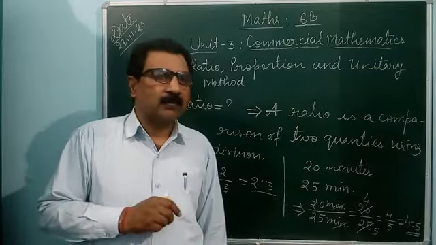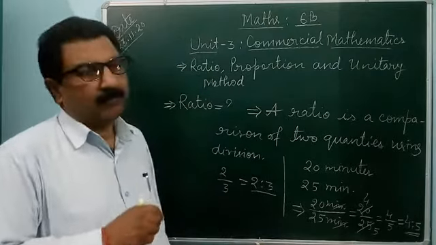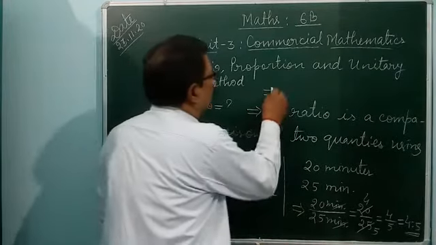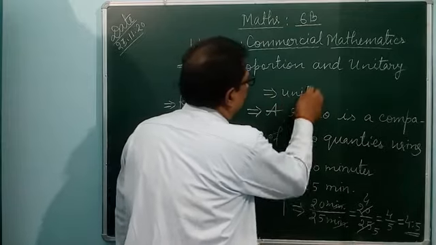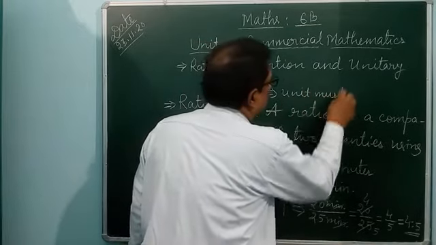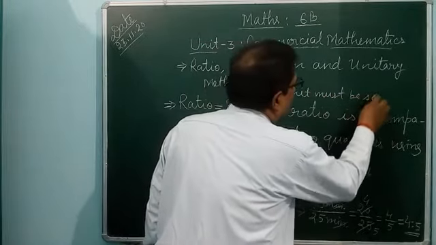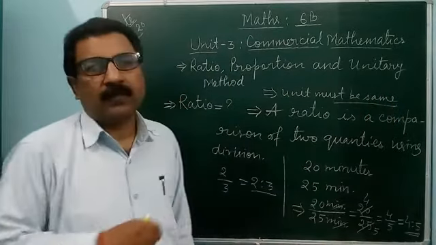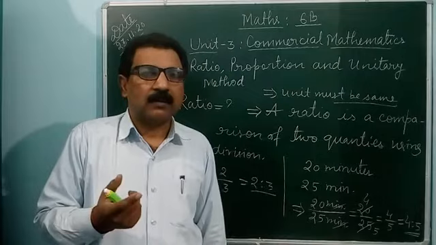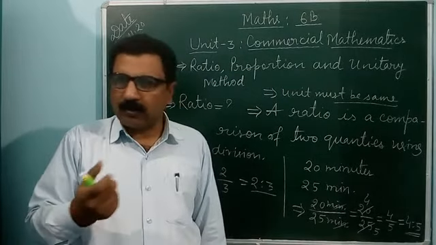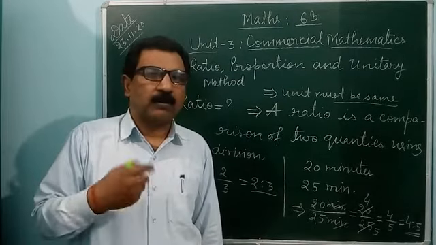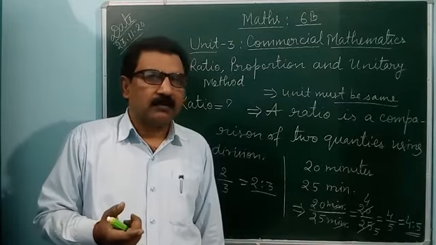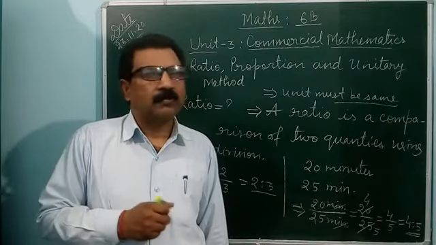So for the ratio, the unit must be the same. If kilogram is there in the numerator, in the denominator also kilogram. If minute is there in the numerator, in the denominator also minute should be there.